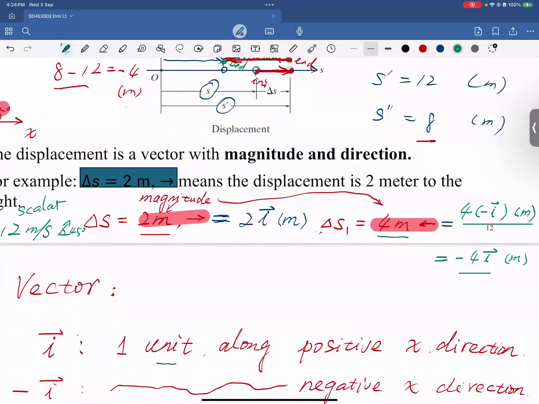Okay. The displacement are all positive. The magnitude always positive. This negative sign belongs to I. It's equivalent to 4 negative I.